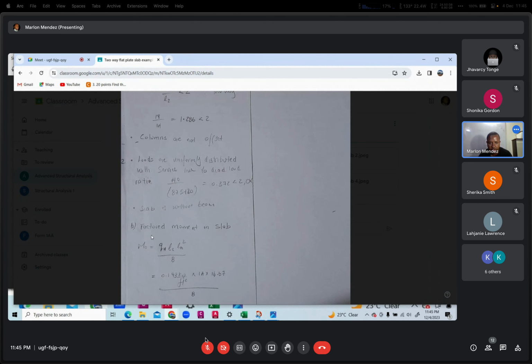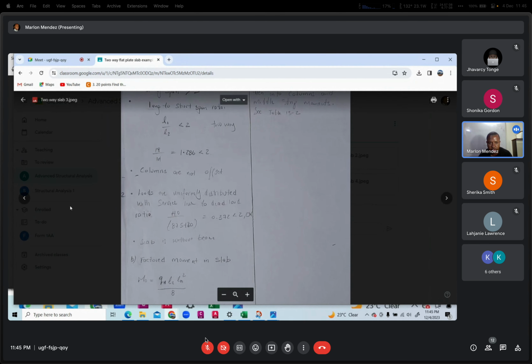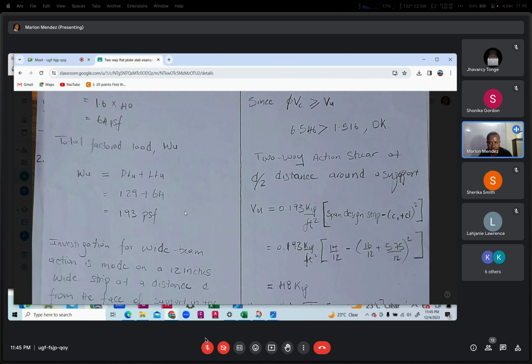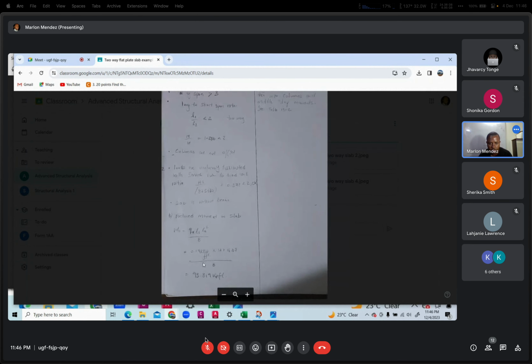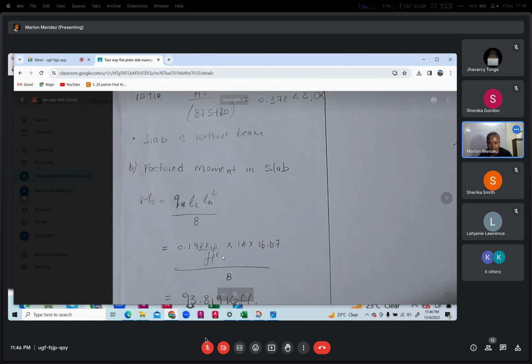Slab is without beam. Factored moment: this formula is important. All right. So we already found the loading factor. This is what I calculated. It was in pounds, so everything is converted to kips here.